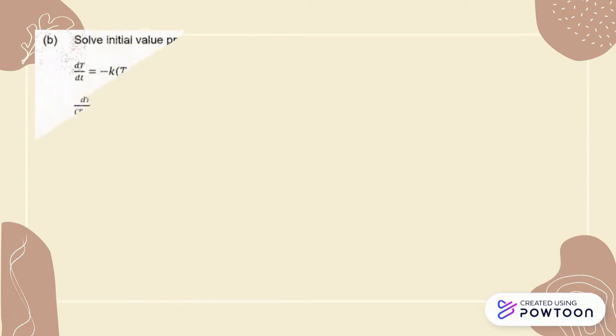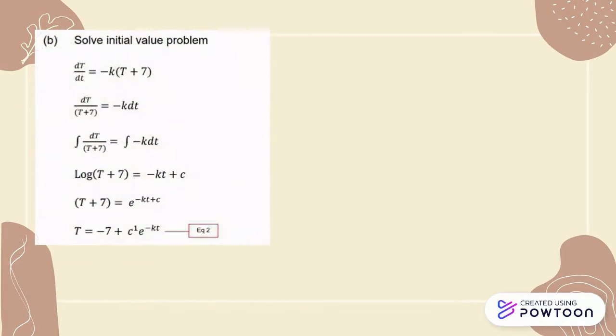So let's go to question 1B, where we need to solve the initial value problem. Firstly, we write dT/dt = -k(T + 7), and we integrate: dT over (T + 7) equals -k integral of dt plus C, where C is the integrating constant.